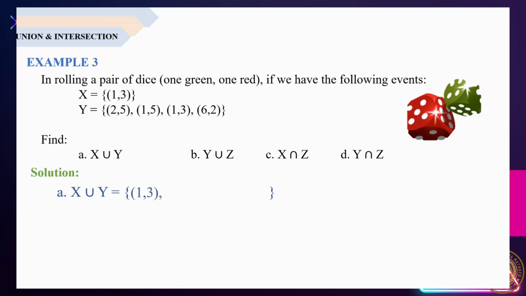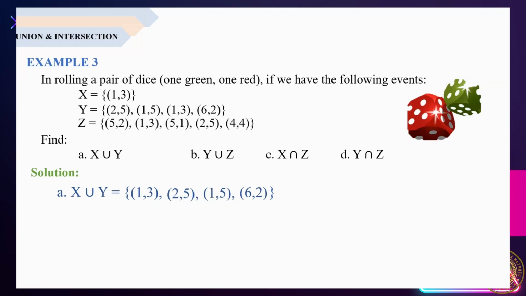So, makikita natin, we have 1, 3, we have 2, 5, we have 1, 5, at yung 1, 3, dahil naisulat na natin siya, hindi na natin siya isusulat ulit. And the last is 6, 2.